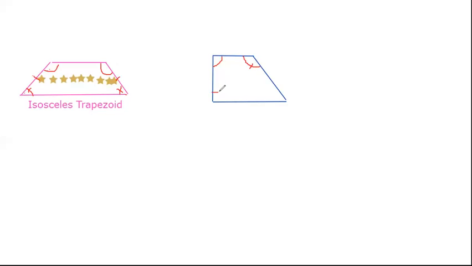Different. This is a right angle, the other ones aren't. And this is its own thing as well. So we'll maybe put 3 tick marks on that. All of those angles are different. It's still a trapezoid, it's just not an isosceles trapezoid.